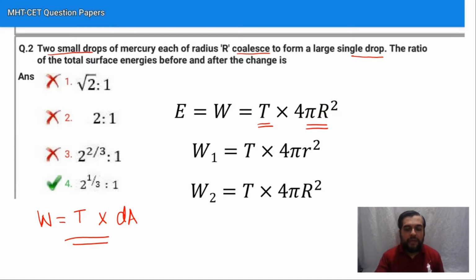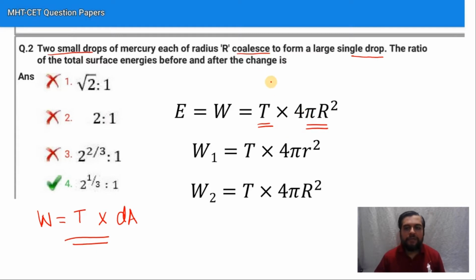Here the droplet's radius is given as capital R, but I am reversing it. Generally we take the droplet's radius as small r and the drop's radius as capital R, and it doesn't matter here because in the options there is no capital R or small r, so I can assume anything.